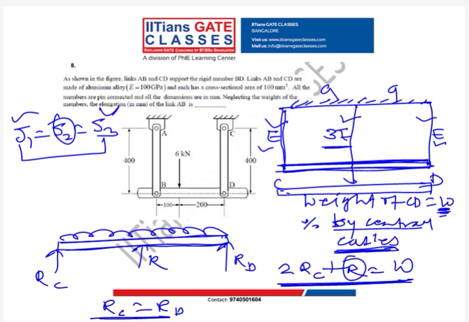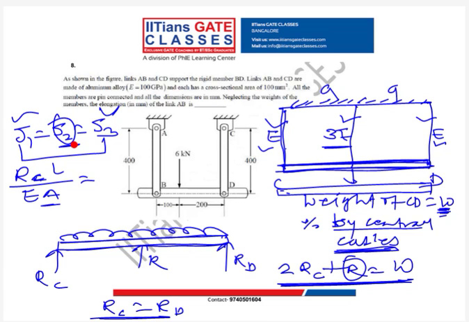What is your delta 1? Your delta 1 is RC into L upon E into A. Now, the lengths are the same, the areas are the same. What will be your delta 2?